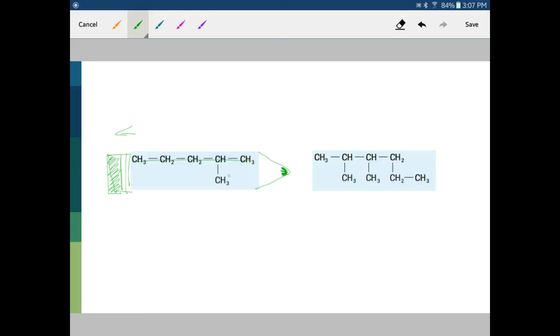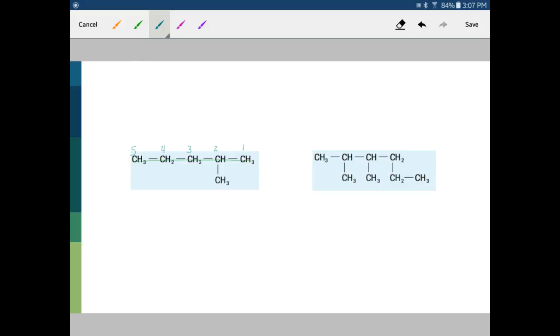So again, I'm going to number these carbons based on having my lowest number to my branch that I have there. So what I'm going to do is I'm going to number them this way: 1, 2, 3, 4, and 5. So that's my longest parent chain that I have present.